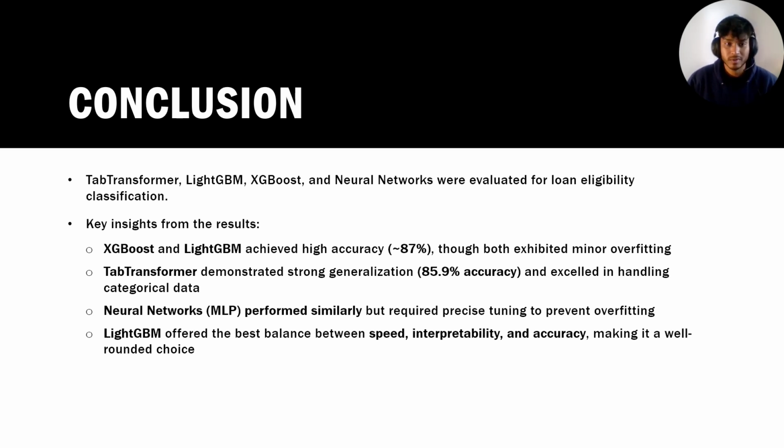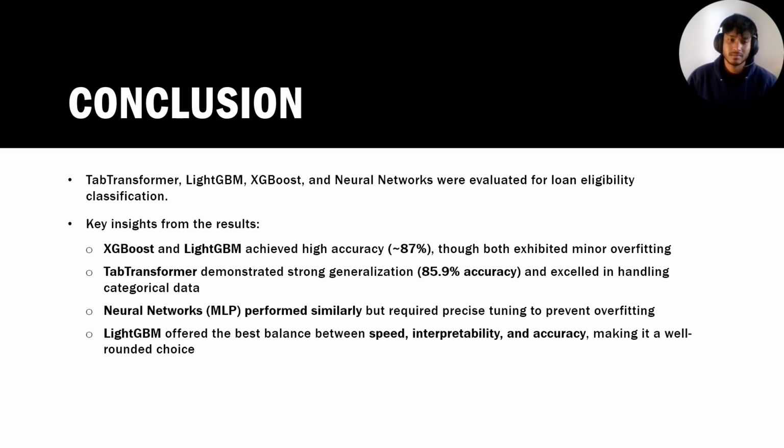So these were all the models. So in conclusion, these were all the models we ran till now, in which we found out that XGBoost and LightGBM achieved the highest accuracy of 87%. TabTransformer demonstrated strong generalization, which can be seen through the 85.9% accuracy that it got, and excelled in handling categorical data.